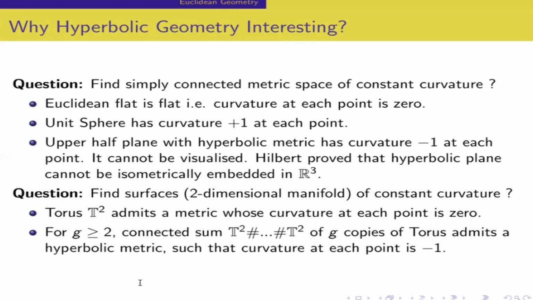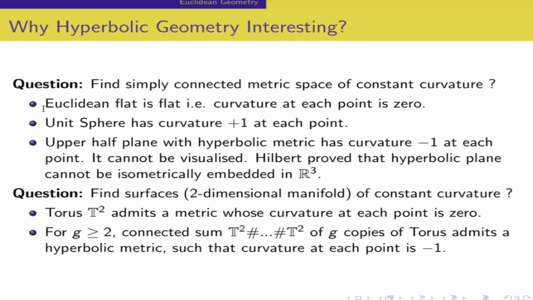And if you have done a little bit of surface geometry, maybe you know the notion of curvature. Curvature means the bending of the surface, the bending of the space. So the question is, find a simply connected surface of constant curvature.